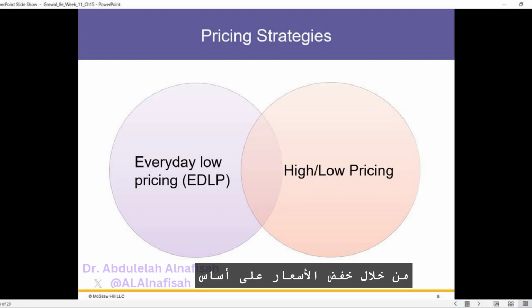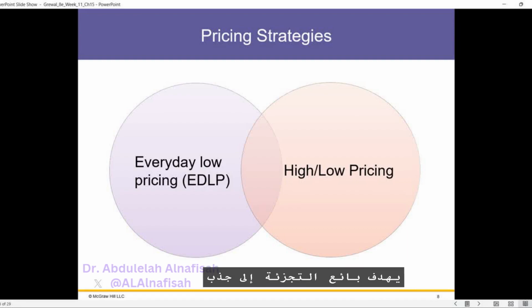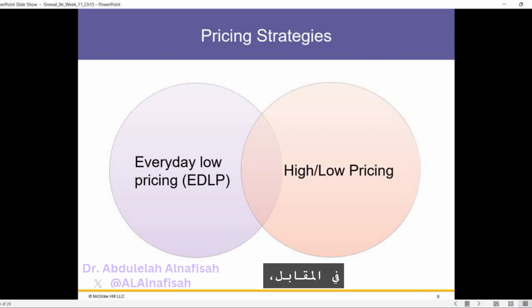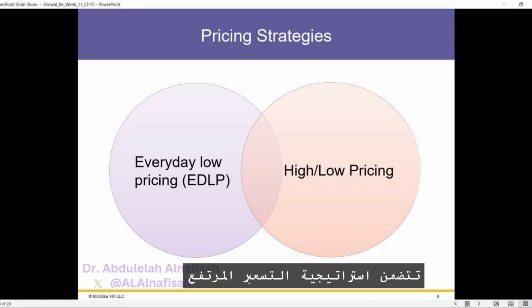By reducing prices on a daily basis and keeping them lower than competitors' prices, the retailer aims to attract customers who value affordability and price stability. In contrast, the high or low pricing strategy involves periodic sales promotions where prices are temporarily reduced to encourage purchases.